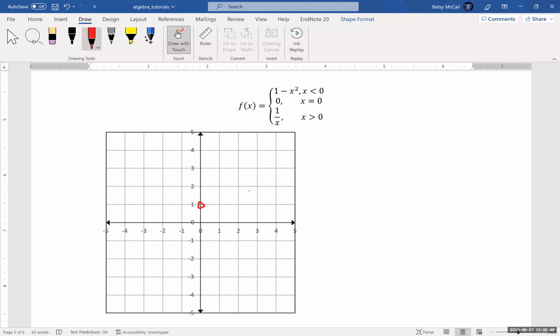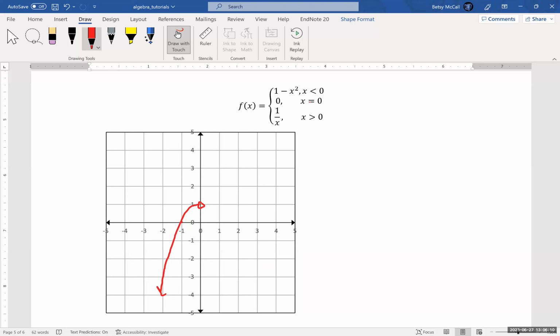So let's say x is -1. I plug that in, I'm going to get 0. If I plug in -2, that's going to be 1 minus 4, which is -3 down here. And then I'm going to try to draw my parabola as well as I can with the mouse. That's not actually too bad.